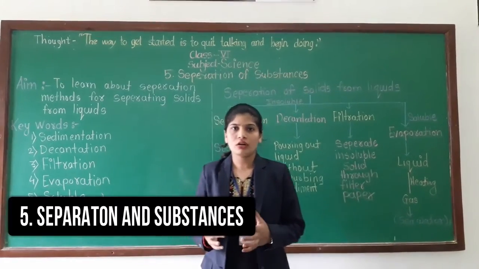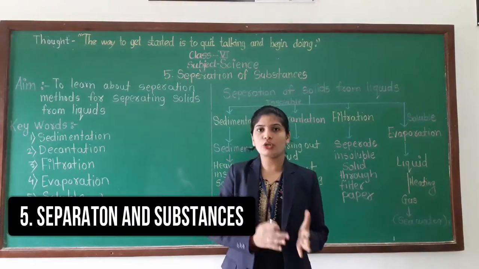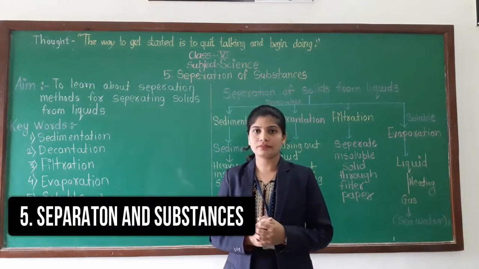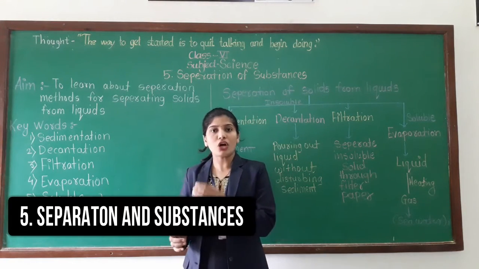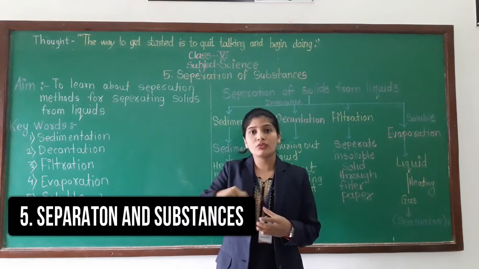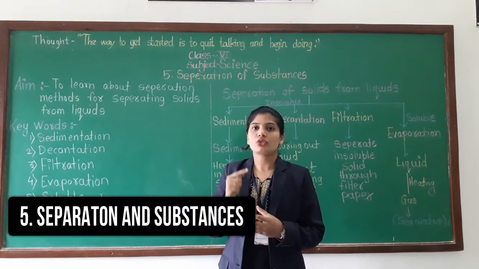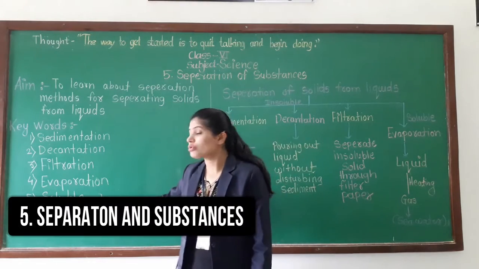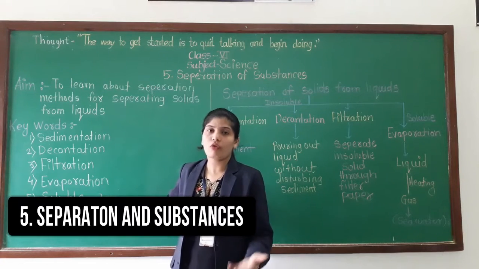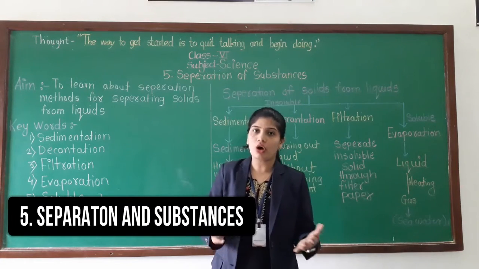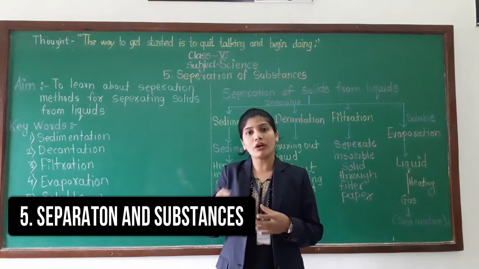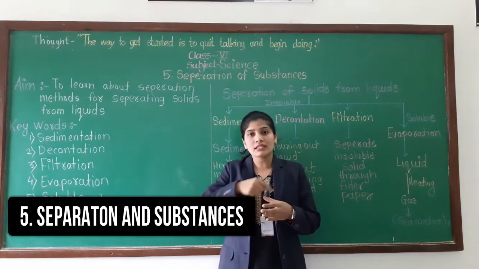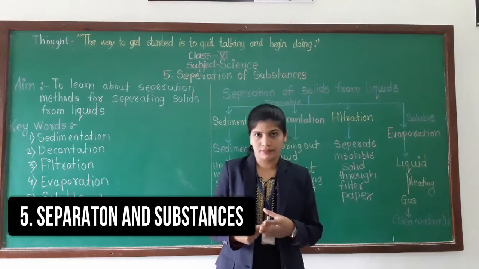Do you know these two terms, soluble and insoluble? So soluble means what? If a solid is mixed with water properly, that is known as a soluble substance. For example, take sugar or salt. After adding sugar or salt in water, both substances are mixed in water properly.